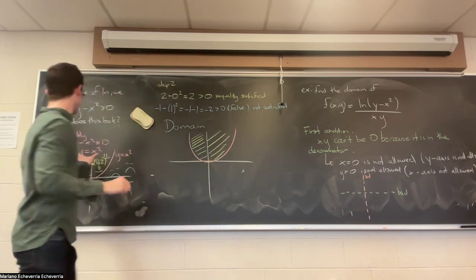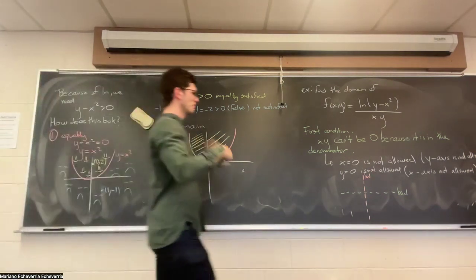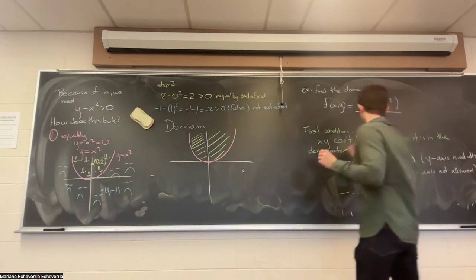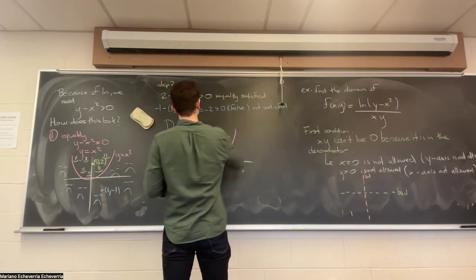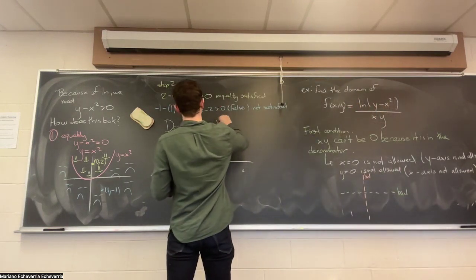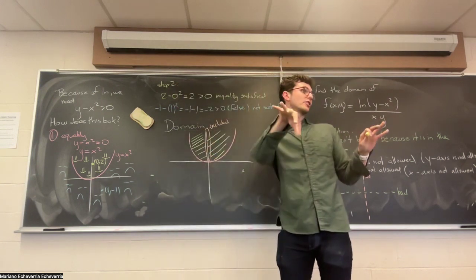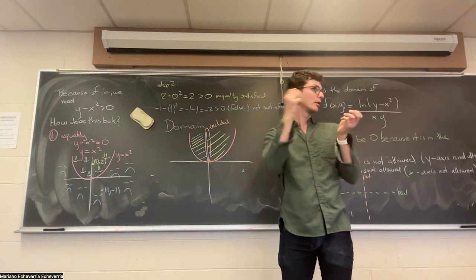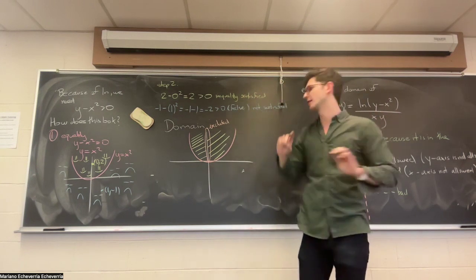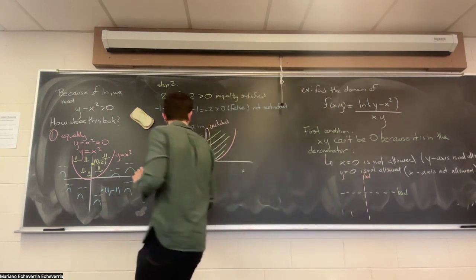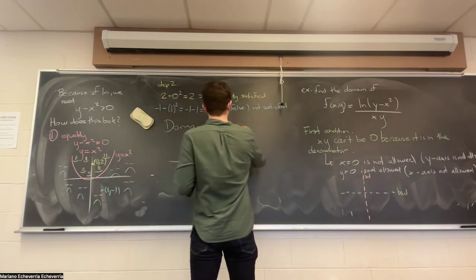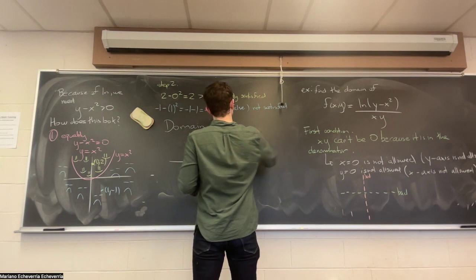The domain has to be inside the parabola, but then you can put it in words or color it. You can say this is excluded. And actually the parabola itself is also excluded because along the parabola things become 0, and that is not possible because we cannot have ln of y equals 0. So the parabola itself is also excluded.